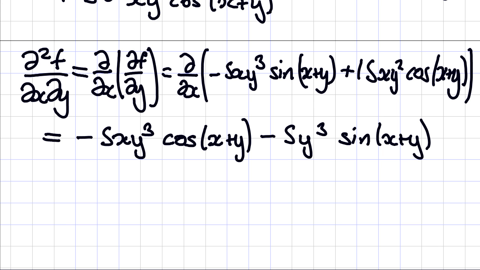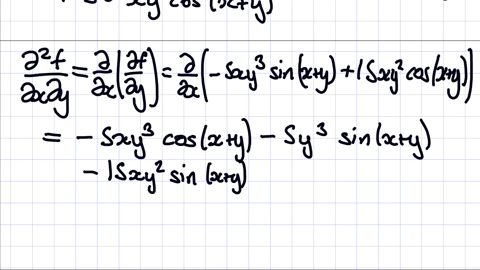Now we need to differentiate the second term, again using the product rule. So first of all, we keep the 15xy squared, that's u, and then calculate dv dx. Cos differentiates to minus sine, that's minus sine x plus y.